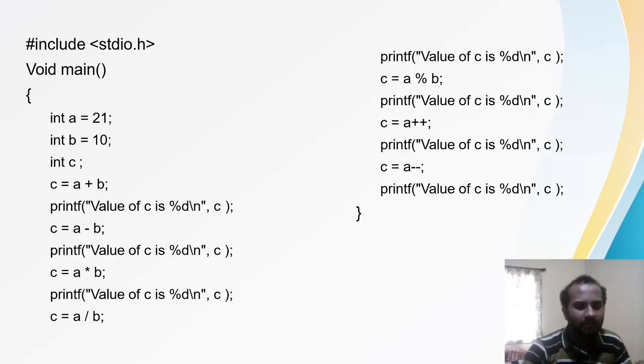So printf will print value of C is percentage D, that is 210. In the same manner, I am going to have the modulus operation. Here 21 modulus 10, my remainder will be 1 and C will be having 1 here. Okay.